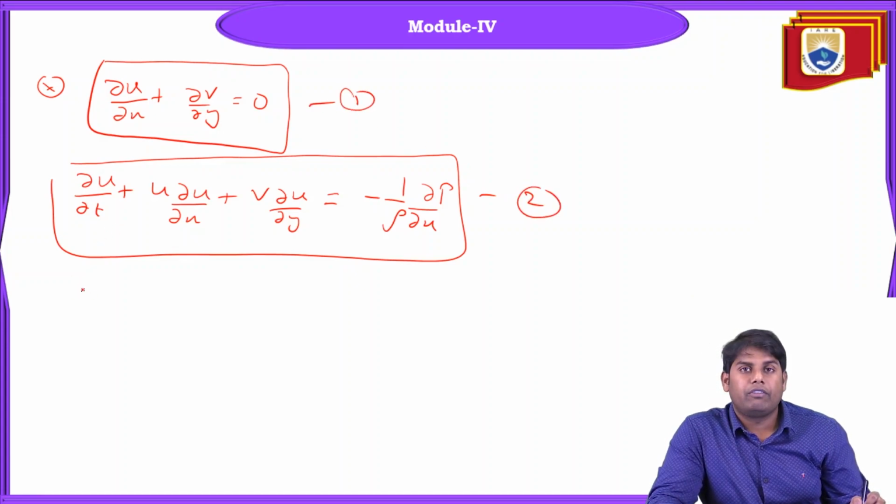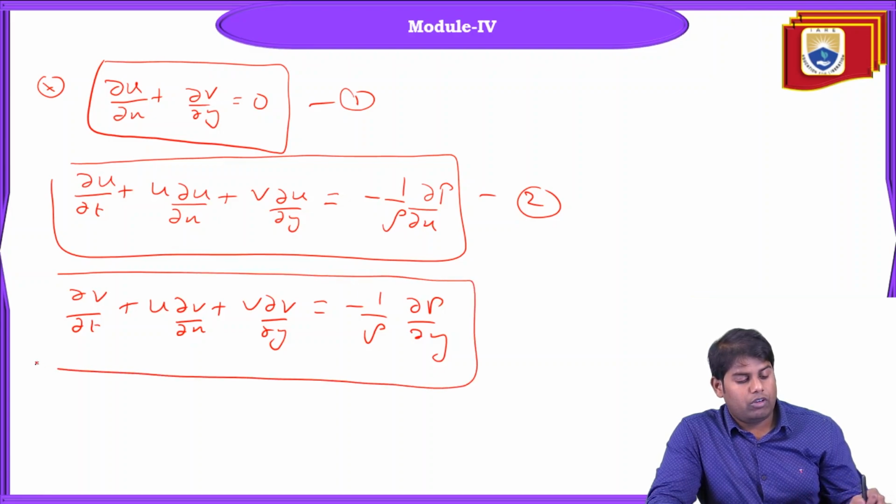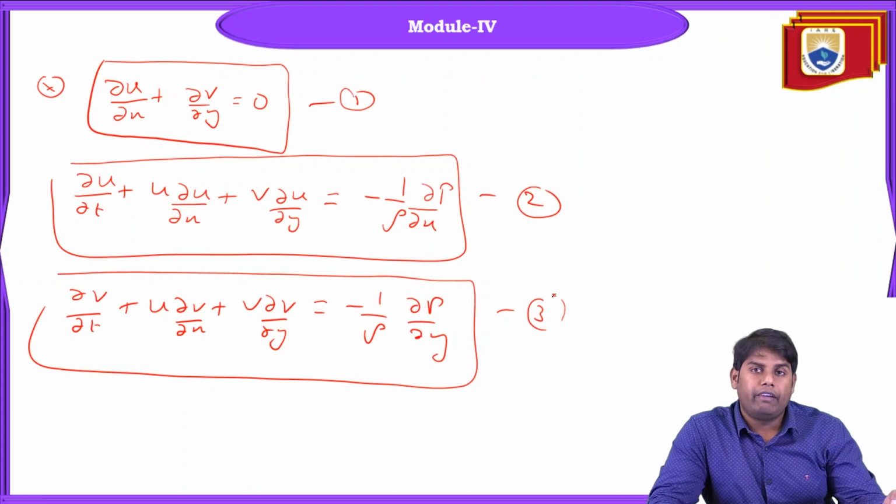And the third equation will be ∂v/∂t + u ∂v/∂x + v ∂v/∂y = -(1/ρ) ∂p/∂y. So this is what we have, the third equation. 1, 2, 3. We have three equations.